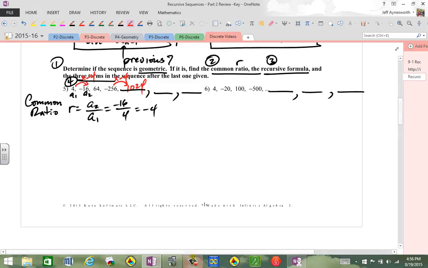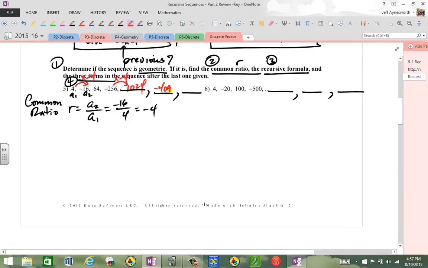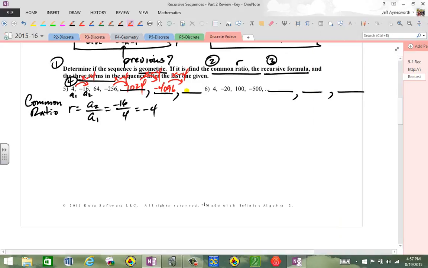Now I got to multiply by negative 4 again. So times negative 4, and you get negative 4,096. Times negative 4 again, and you get 16,384.